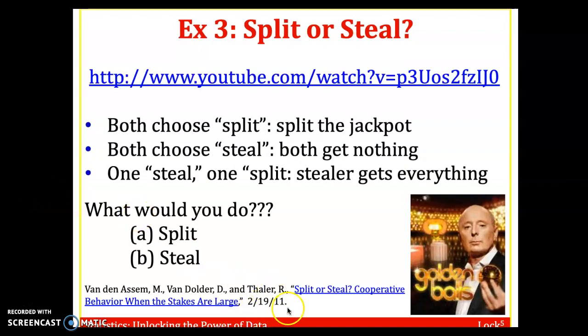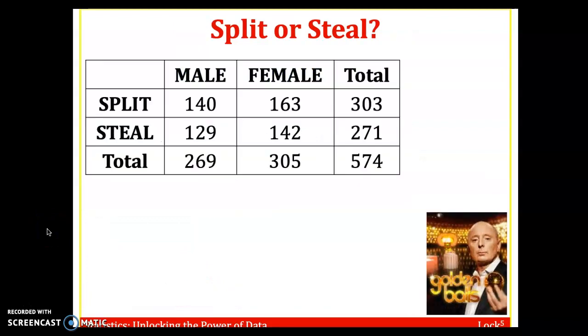But this study, linked down here, was looking at a whole bunch of these game shows. And here we have a table where a big group, 574. So if we take half of that, there's 287 games played because there are 2 players.